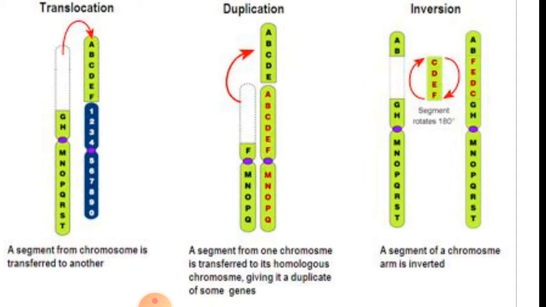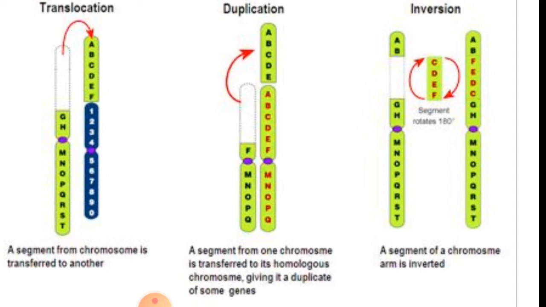During synapsis between a duplicated and a normal chromosome, the former forms a loop at the site of duplication. So, what is the result of this morphological chromosomal aberration? There is change in the sequence.